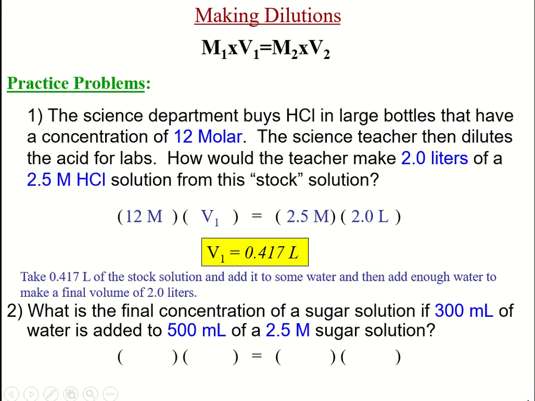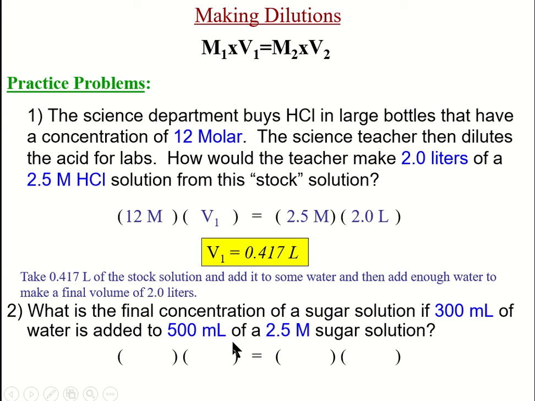Try number 2, where I want to know what the final concentration of a sugar solution is if 300 milliliters of water is added to 500 milliliters of a 2.5 molar solution. Because these are equivalents, I can leave milliliters and milliliters in here instead of converting.